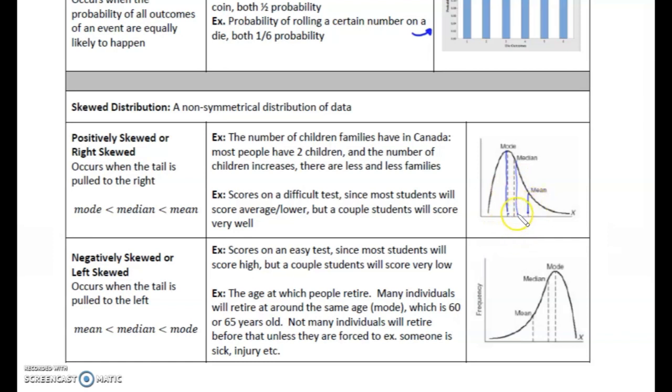Most people have 2 children, so the mode is 2. And there are a couple that are less than 2. But as you go higher and higher, maybe 3 children, 4, 5, 6, 7, it tapers off. There are going to be less and less families that have that many children.